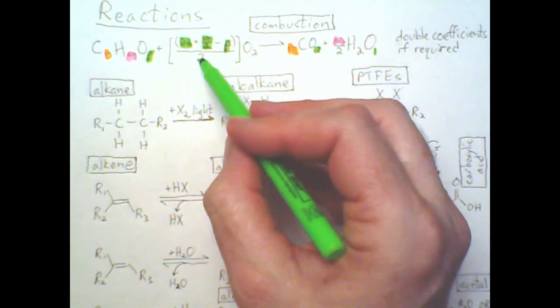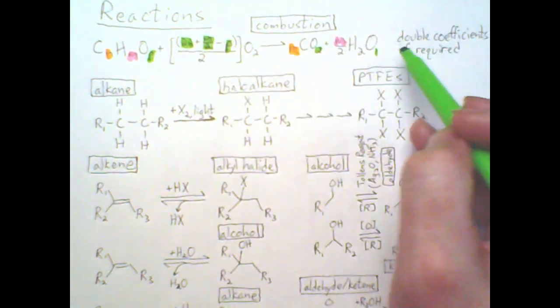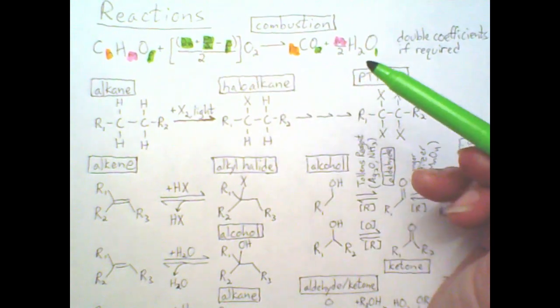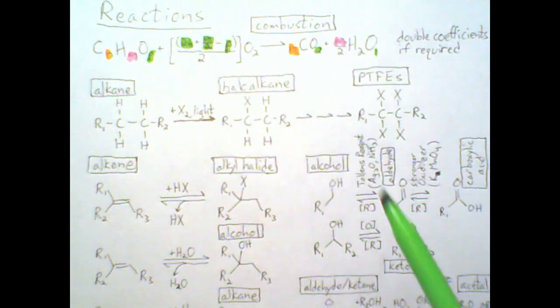And then if it comes out to, say, 3/2, we double everything to get whole numbers. So you could figure that out, or you can just balance it for each one you do.